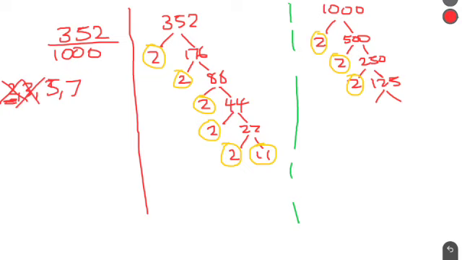Can 5 go into 125? The answer is yes. 5 can go into 125 25 times. So 5 times 25 is equal to 125.